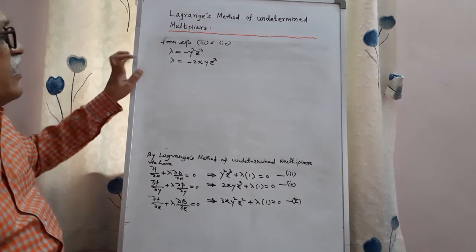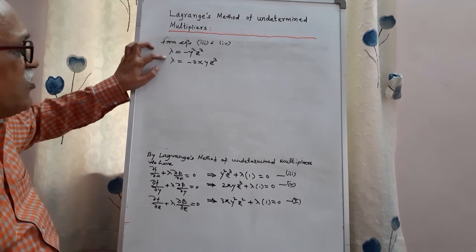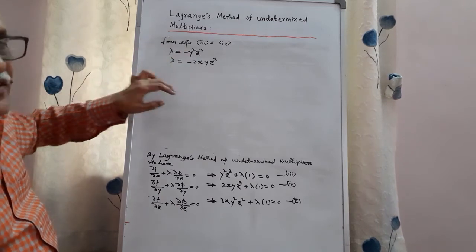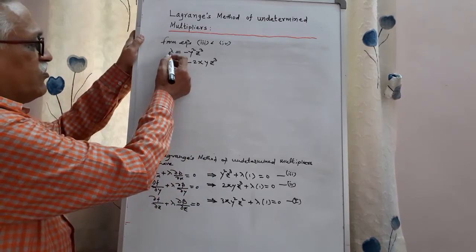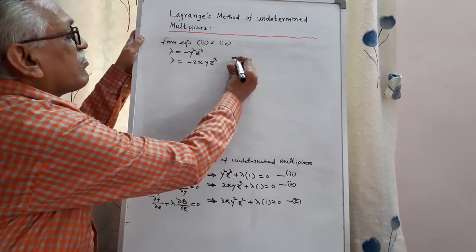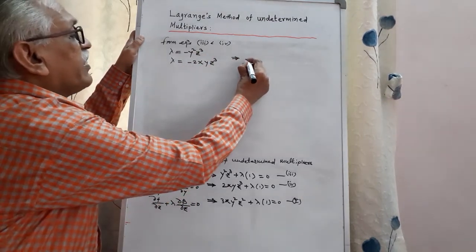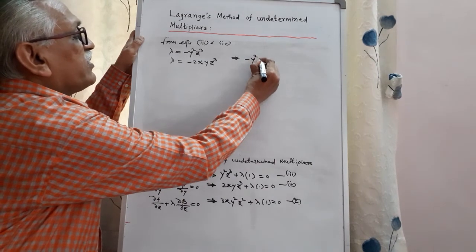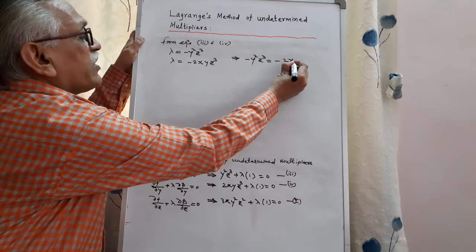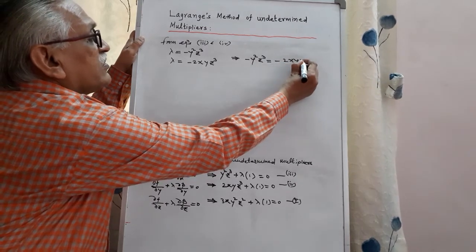Okay. Same lambda on the left hand side. Therefore, equating the right hand side, as we have the same values on the left hand side, it implies minus y square z cube is minus 2x y z cube.